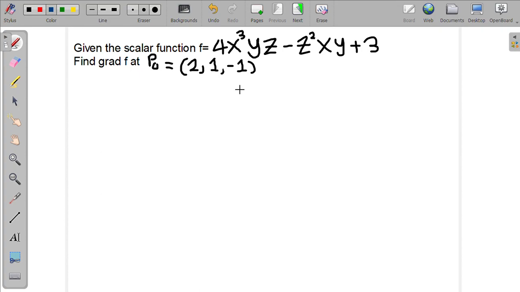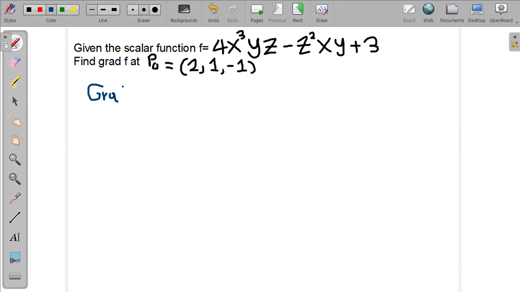Okay, so we all know that grad f is the same as del phi.